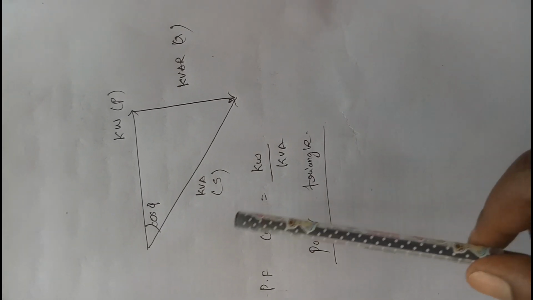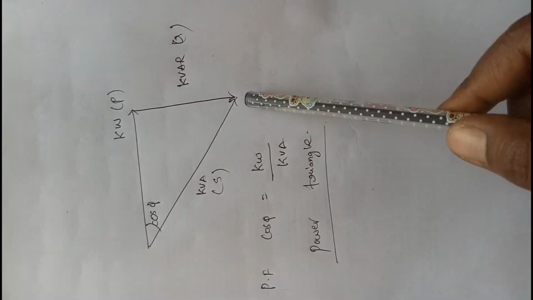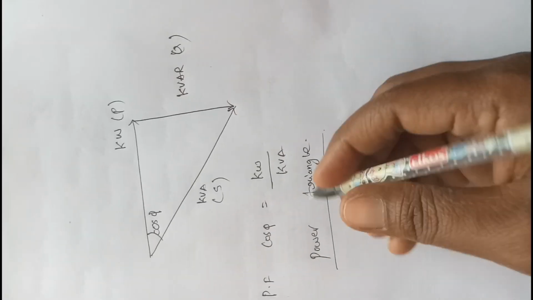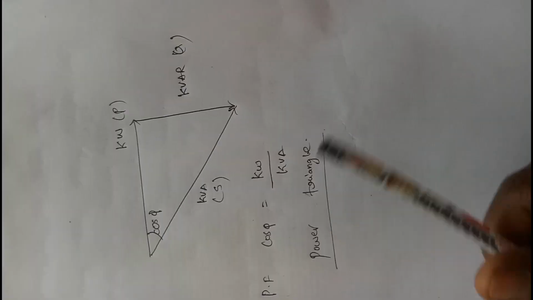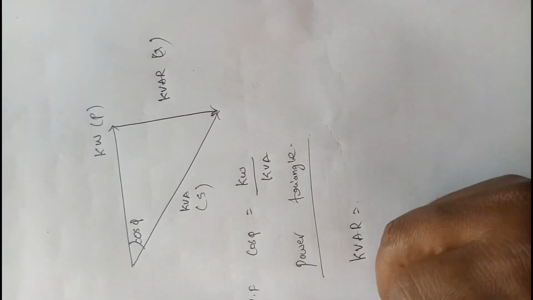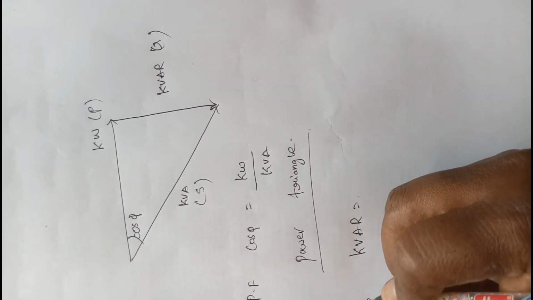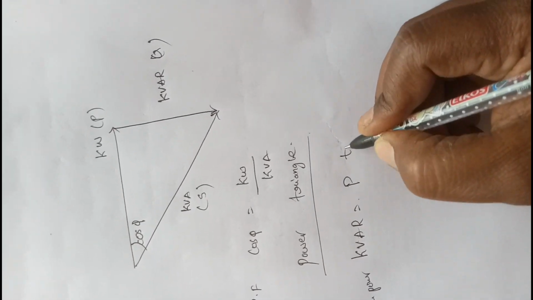Therefore, the power triangle explains how to calculate the power and the reactive power. If you want the reactive power kVAR, it is P into tan phi. kVAR equals power into tan phi.